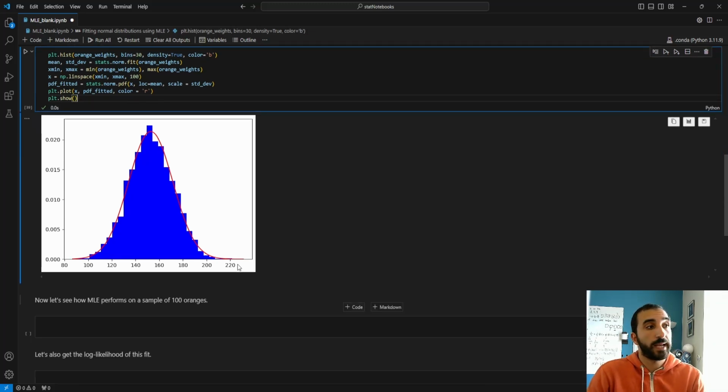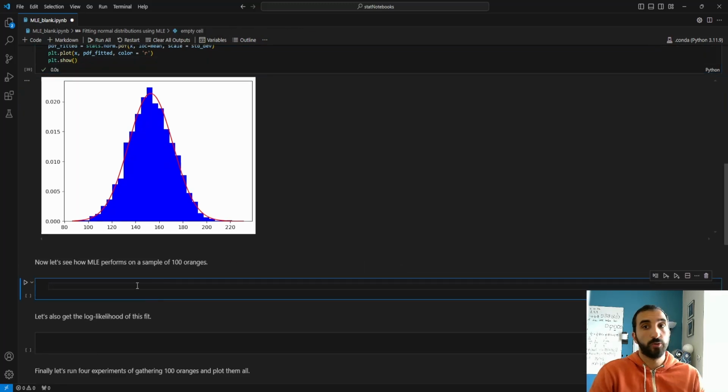So let's go ahead and now take some samples and fit some curves to the samples and see how it compares to the population. So let's start off taking a sample. So the sample is orange weights dot sample, and you can specify how many samples you want to take.